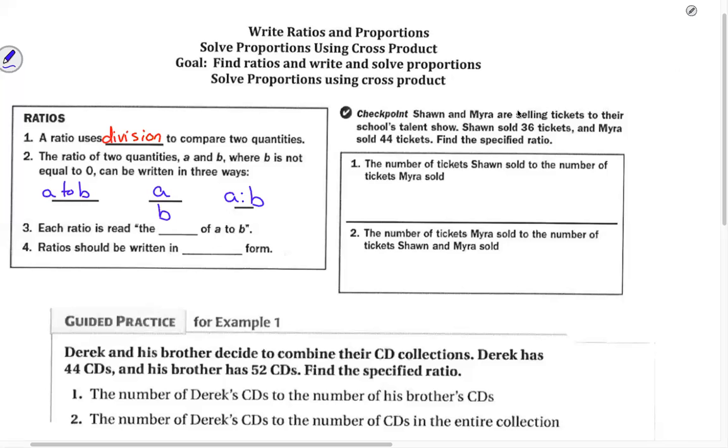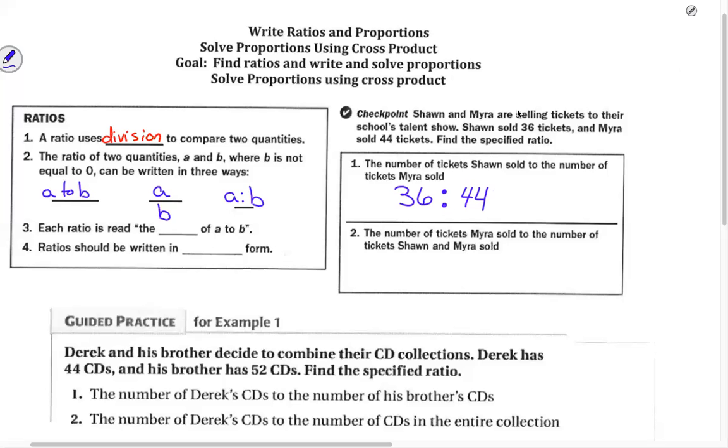So, Sean and Myra are selling tickets to their school's talent show. Sean sold 34 tickets and Myra sold 44 tickets. Find the specified ratio. The number of tickets Sean sold, so Sean sold 36 to 44.